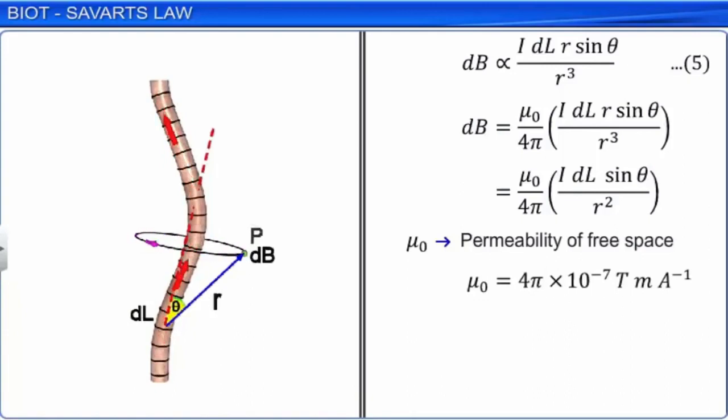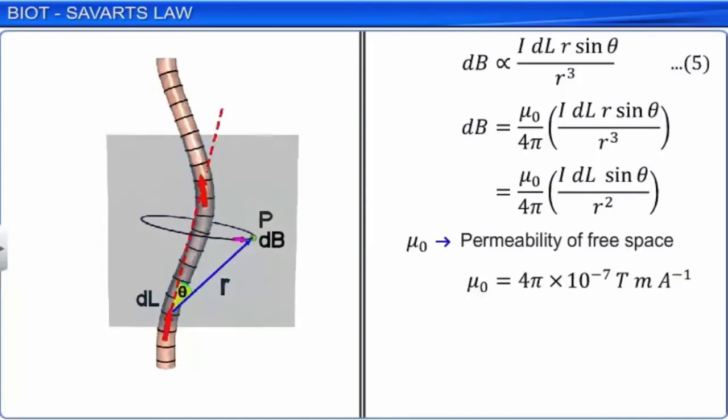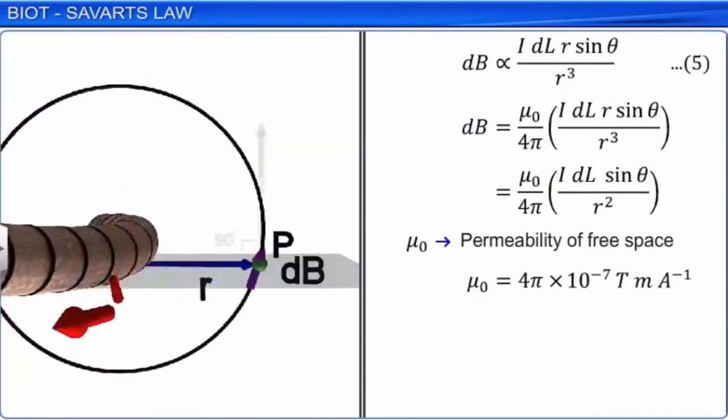Here, the direction of dB will be perpendicular to the plane containing dl and r, and can be obtained by using the right hand rule.